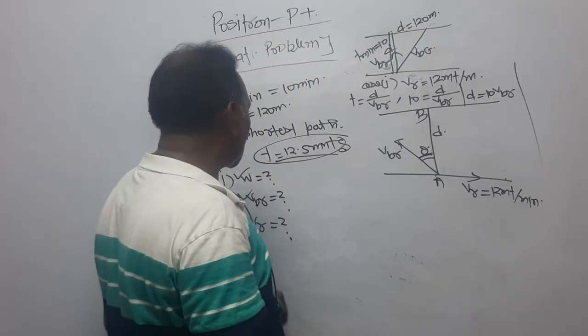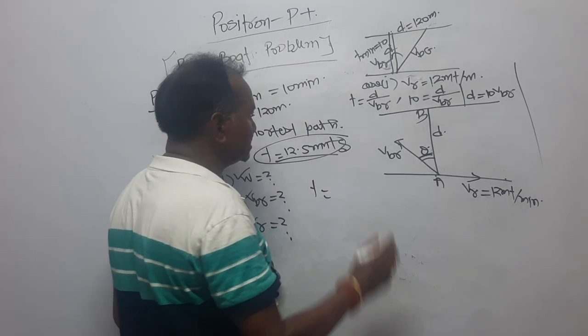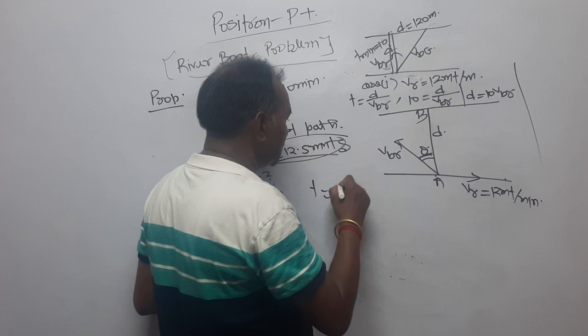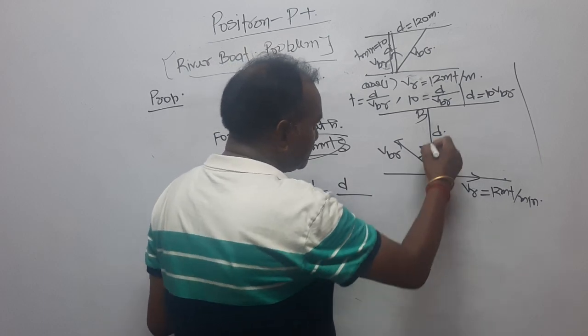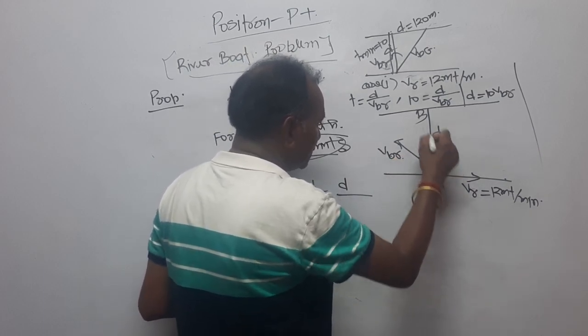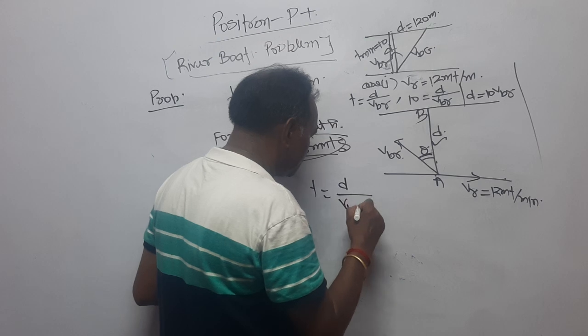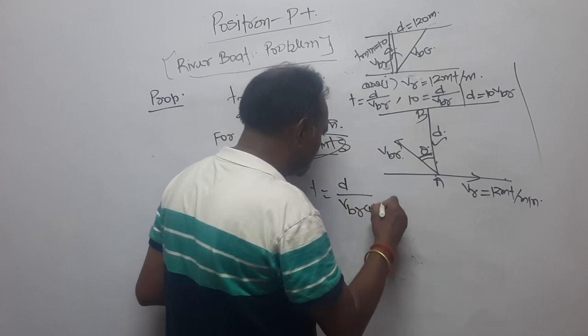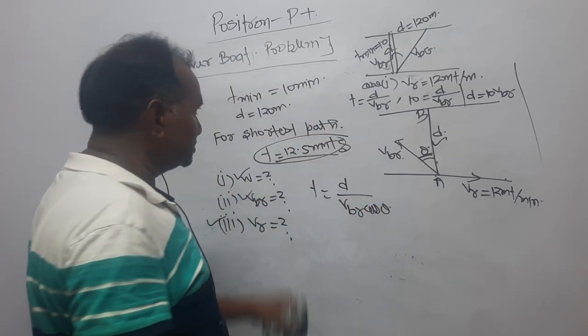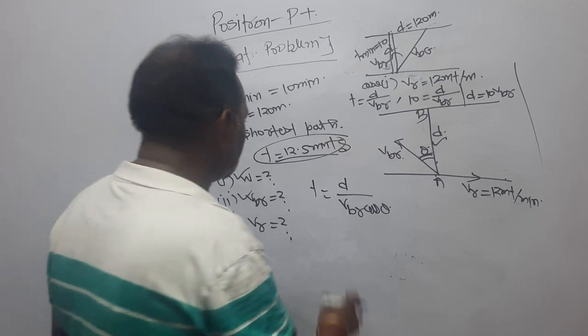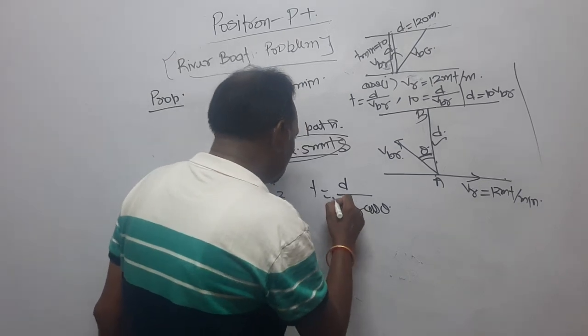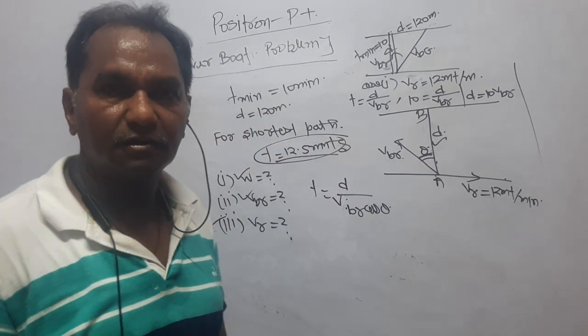So the time taken will be very simple: distance upon the vertical component of velocity, that is VBR cos theta. T is equal to D upon VBR cos theta.